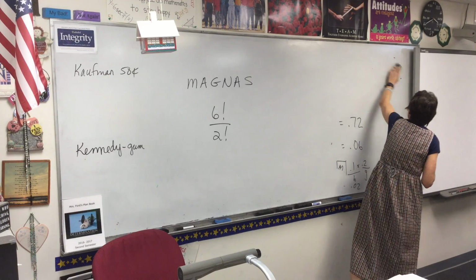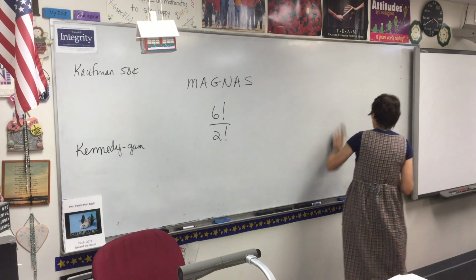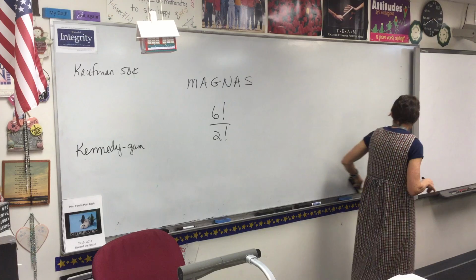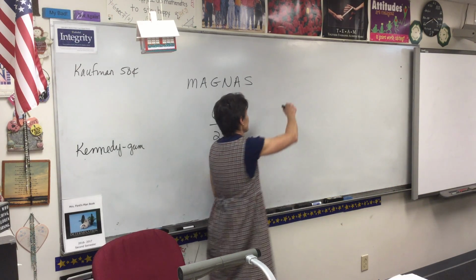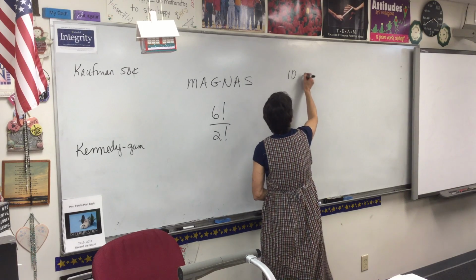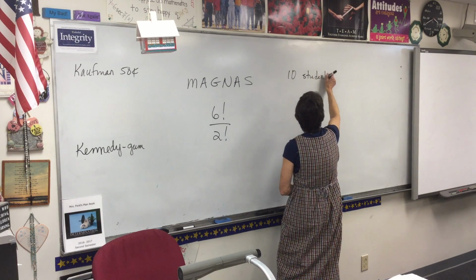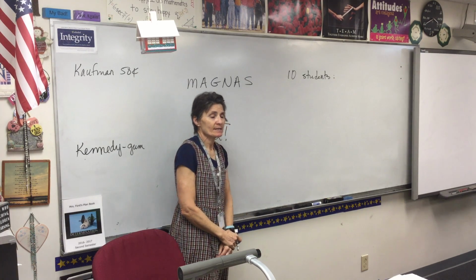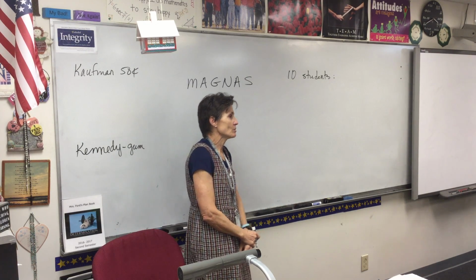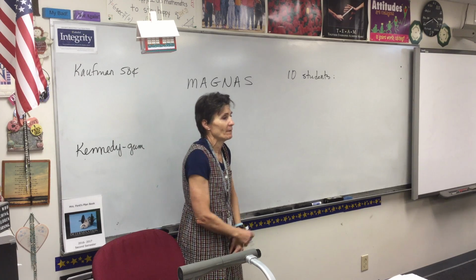Listen to this question and tell me whether it's a permutation or a combination. There are 10 kids in the group. How many ways can I award a first, second, and third place ribbon?